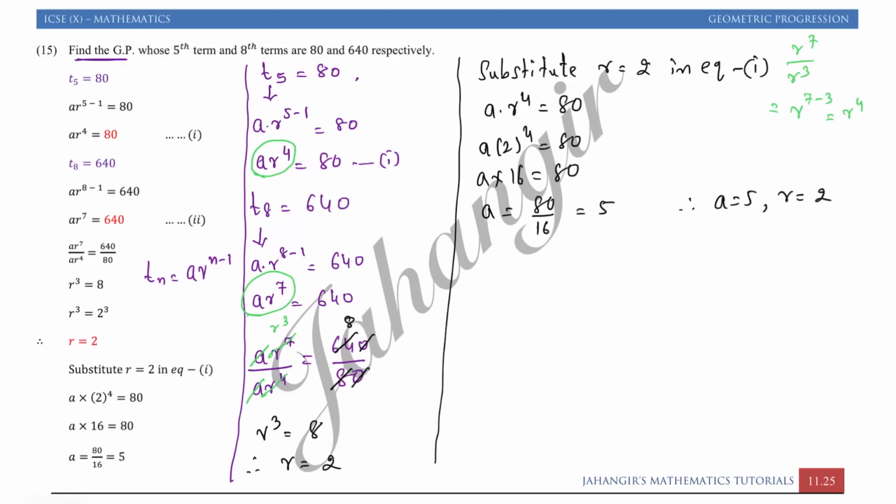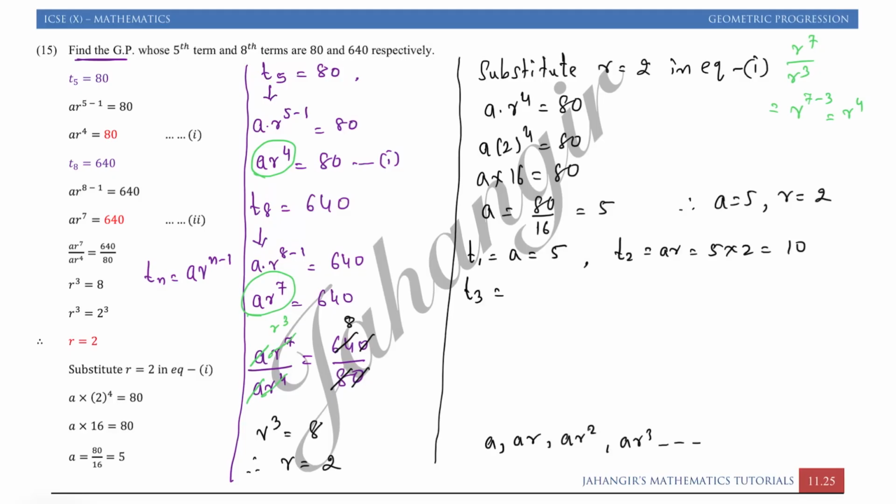So now we have to find the GP. So the first term is a, which we can write as 5. We know terms are always in the form of a, ar, ar square, ar cube, and so on. So first term is a, then second term is ar, that is 5 into 2, which is 10.